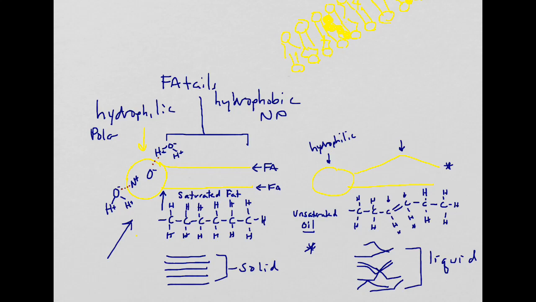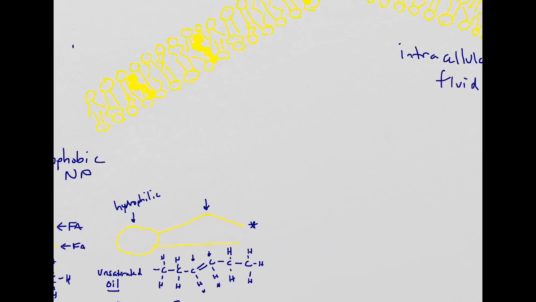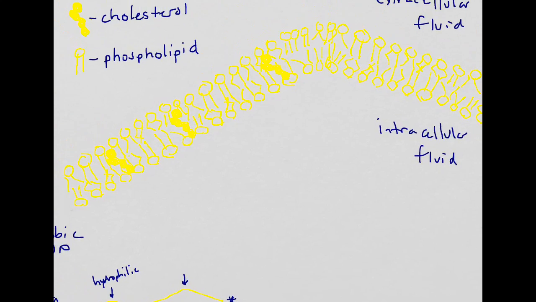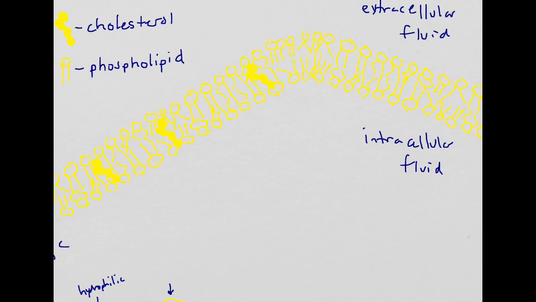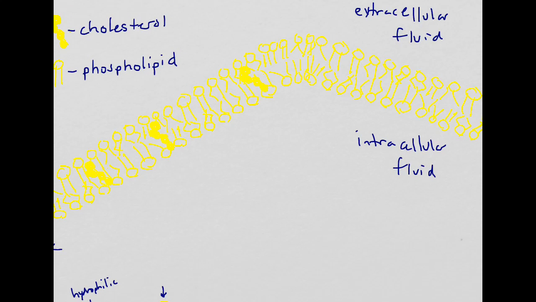So let's go back and look at our plasma membrane. Okay. Alright, so I drew all these fatty acids in here with their tails all kinky and funny looking, and I put the cholesterol, inserted those into the plasma membrane as well. Cholesterol is interesting. It helps with both ends.